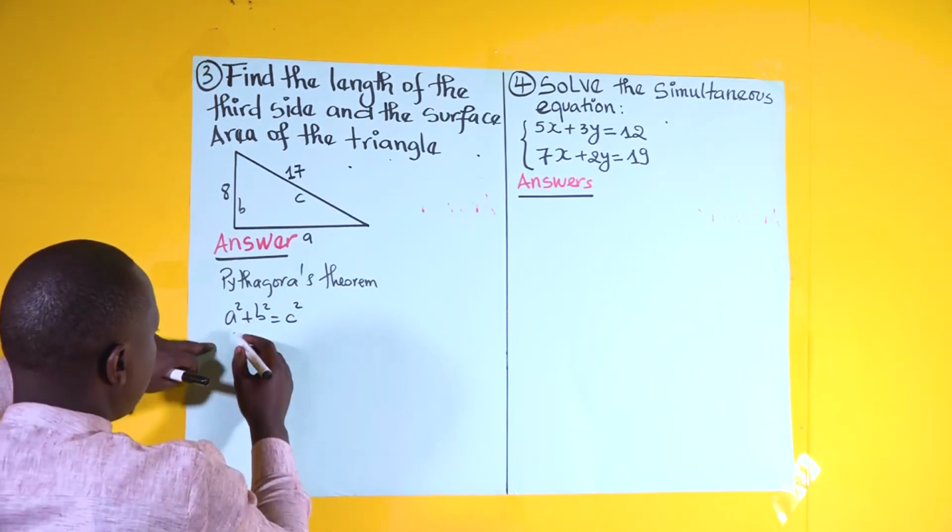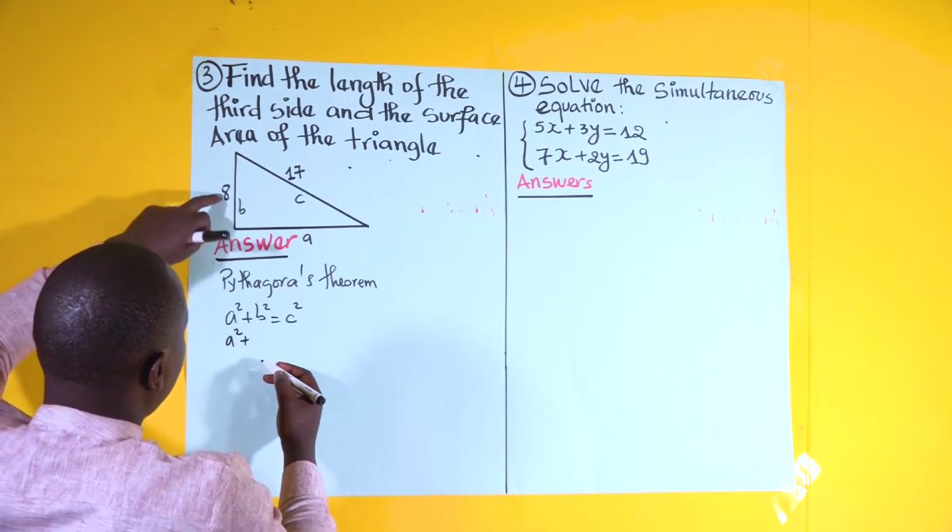So we're going to take A squared plus B squared.